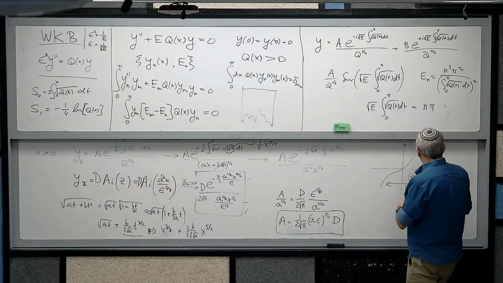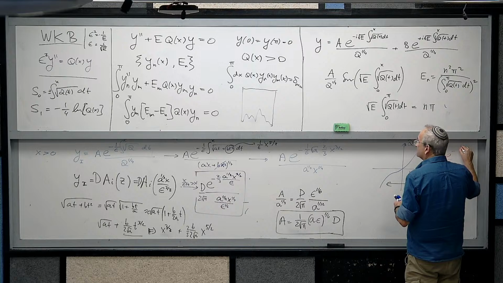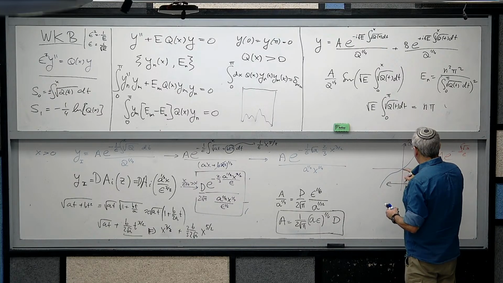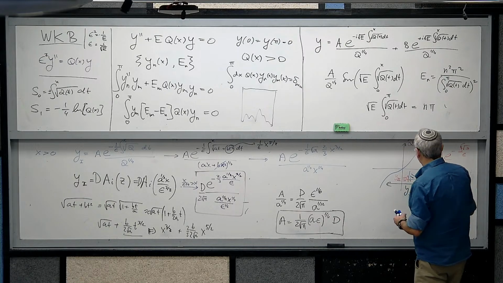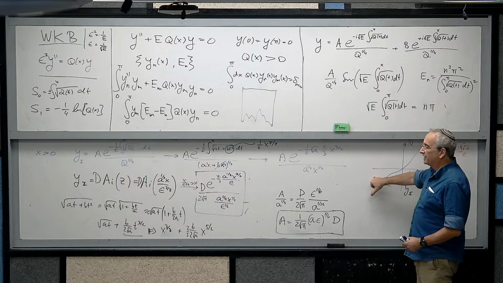Here we have a e to the minus integral of square root of q over epsilon. Here we have y1, here we have y2, which is D times area.